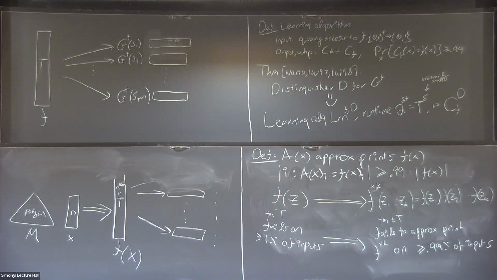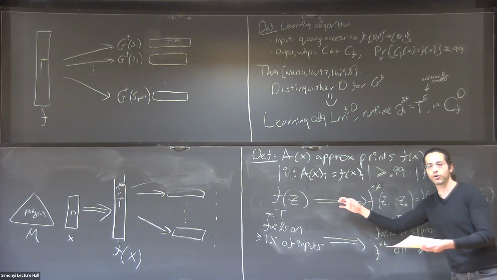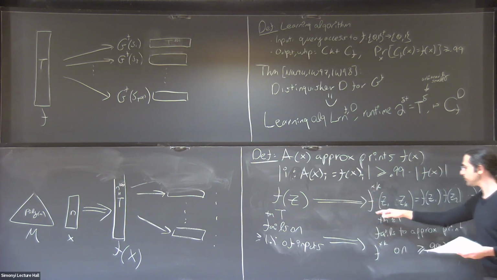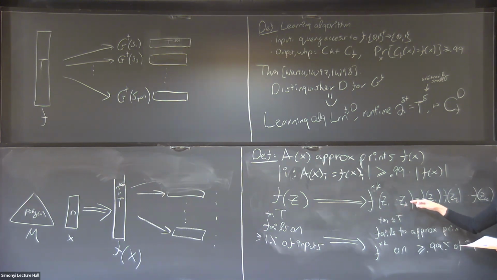And at least intuitively, at a high level, this is what you'd expect to happen. Imagine that there is this hard core of 1% inputs on which you fail. And I would choose k instances uniformly at random and take k to be large enough. Well, you expect to hit this hard 1% a lot of times. So let's say we hit it here, here, and here. And whenever we hit it, we are unable to compute the function.